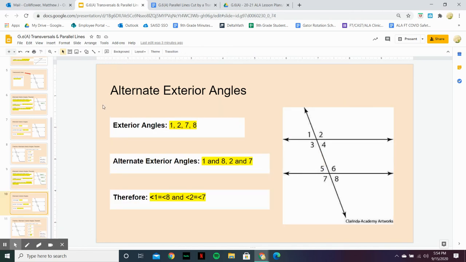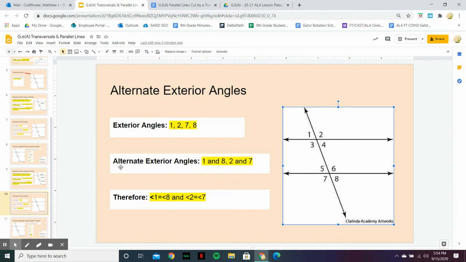So let's practice using those new definitions and that new theorem. The exterior angles in our picture are angles 1, 2, 7, and 8. They are on the exterior of the two parallel lines.